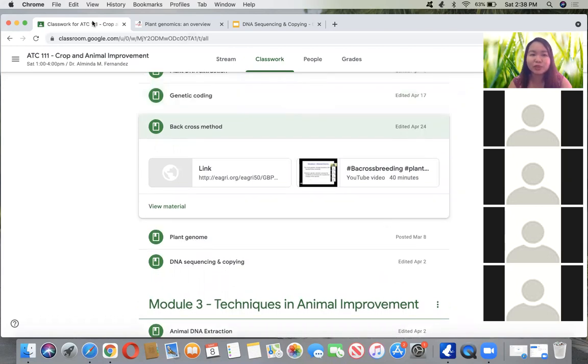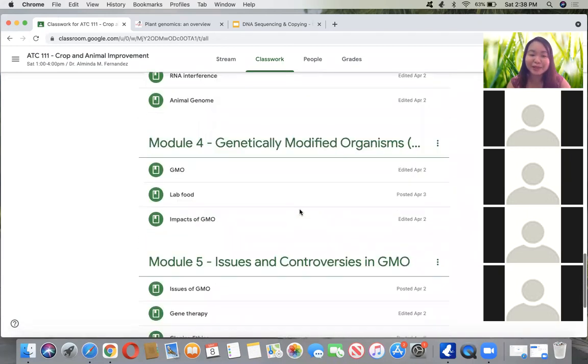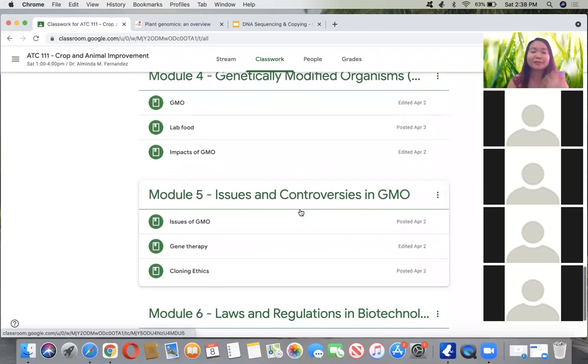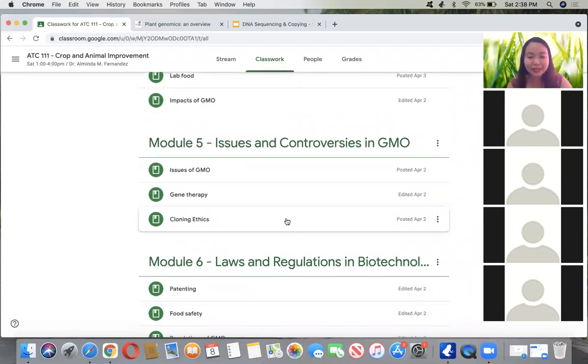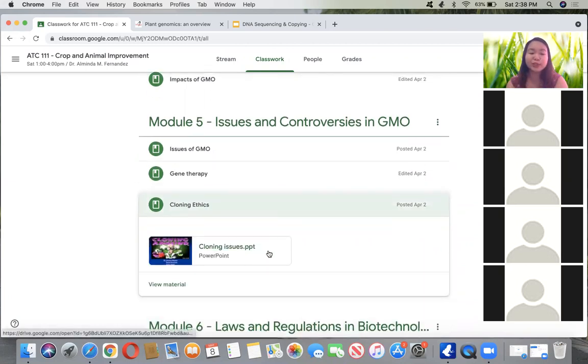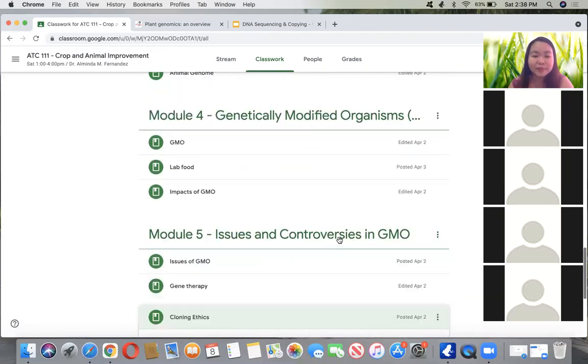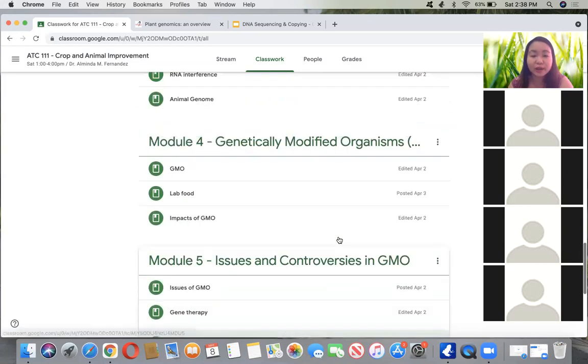But we also have projects from other countries, especially China, which has a tendency to break protocol. I'm not saying, sorry. But I have in module 5 cloning ethics here. I can show you some things I found from websites that they have done so far in terms of cloning.